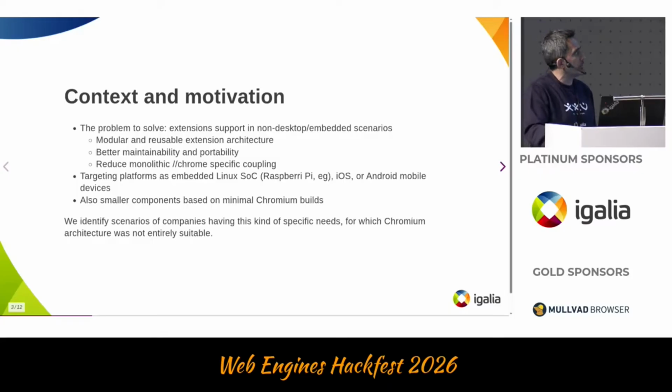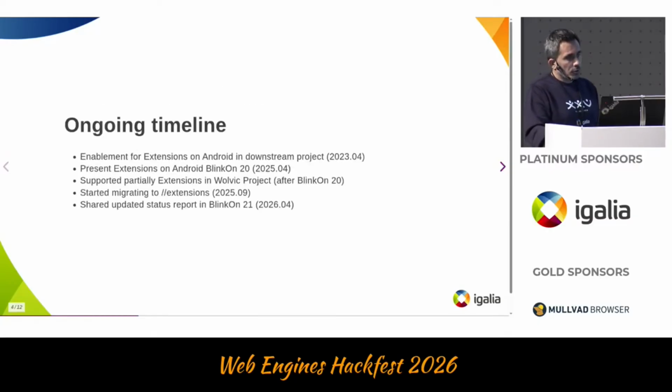It could be for iOS, for Android mobile devices, and different build targets from the whole Chromium. So it could be possible to have that integrated into other smaller components and build a Chromium-based browser on top of that, using part of the functionalities coming from the extensions part.